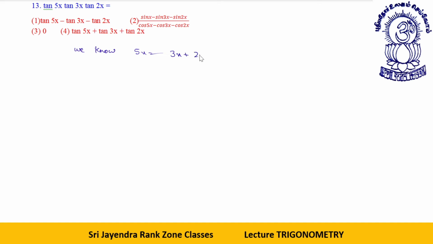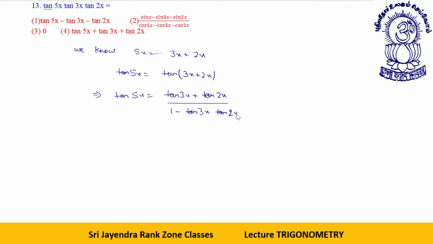So what I will do is I'll apply tan on both sides. Tan 5x is equal to tan(3x plus 2x). This implies tan 5x is equal to (tan 3x plus tan 2x) upon (1 minus tan 3x tan 2x).